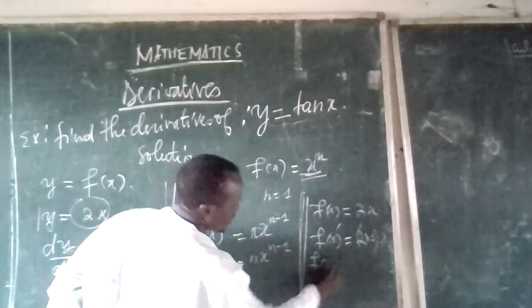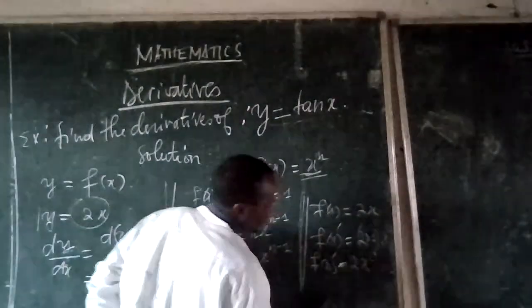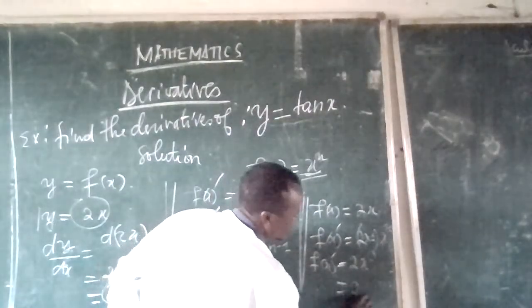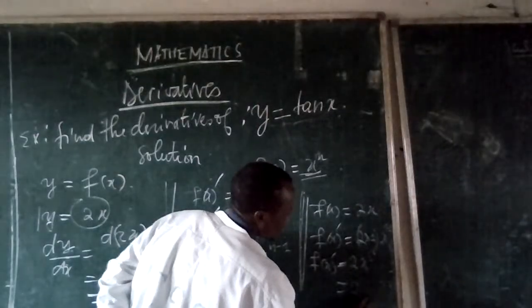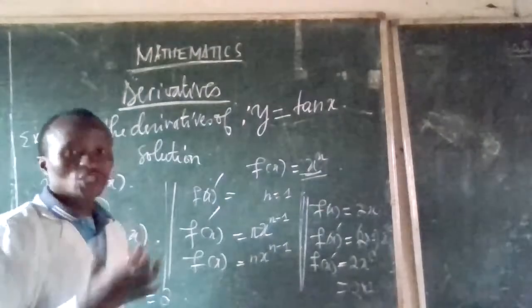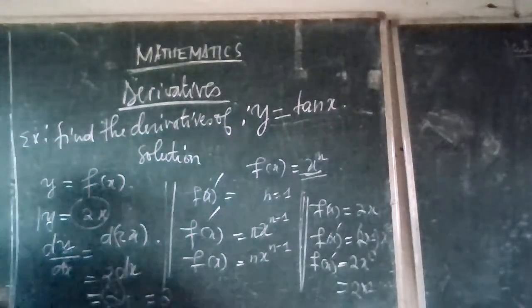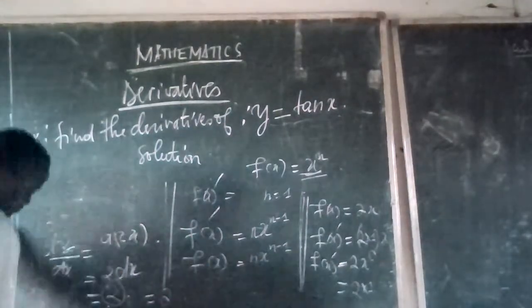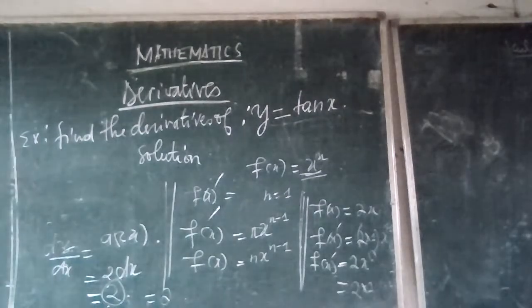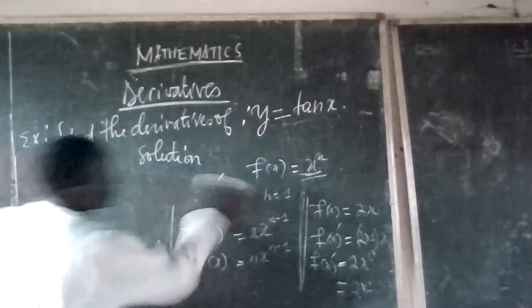Finally, this is 2 times x to the power 0. Finally, we have 2 times 1, because any number to the power 0 is equal to 1. Now let us continue solving our given equation.